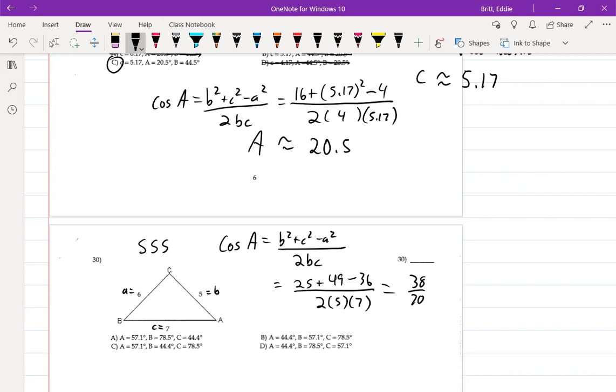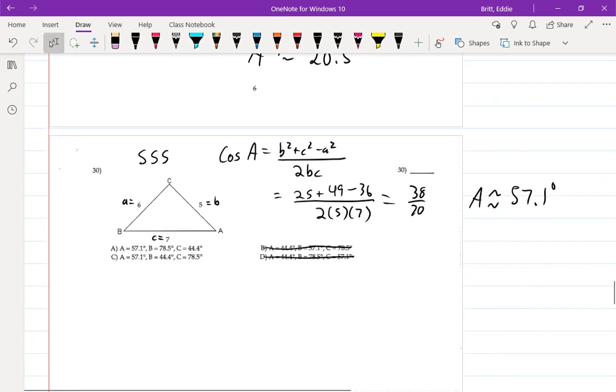That can be reduced, but that's what you want to take the inverse cosine of. So this tells me that angle A is about, if I round it to one place, 57.1 degrees. So look down here, and any of these that don't have A equals 57.1 degrees, mark those out.